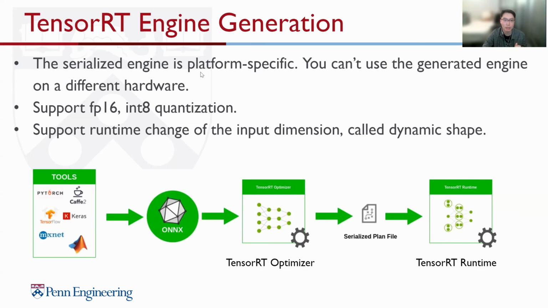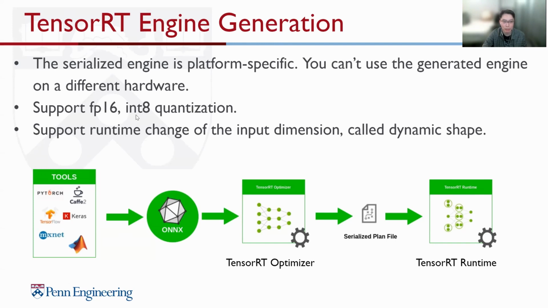The serialized engine is platform specific. That means you cannot use the generated engine on different hardware, or even a different version. For example, if you have a different JetPack version for the NVIDIA Jetson NX, you may or may not be able to use the engine generated by an older version.